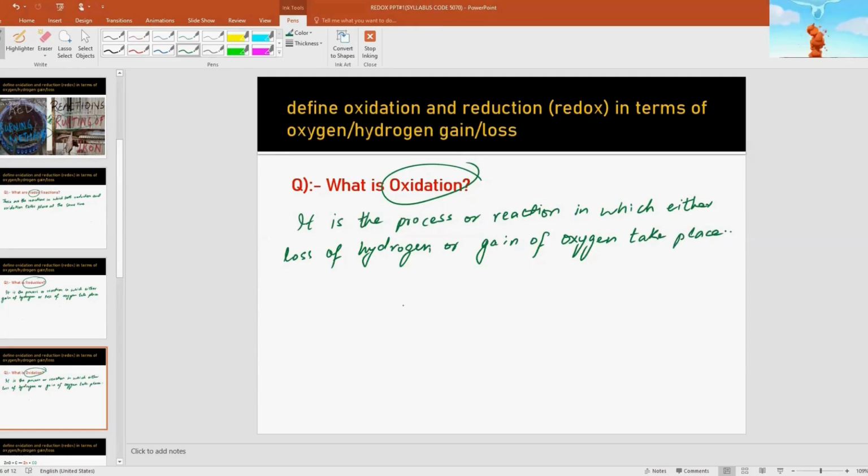And when oxidation and reduction take place at the same time, we say that it is a redox reaction.